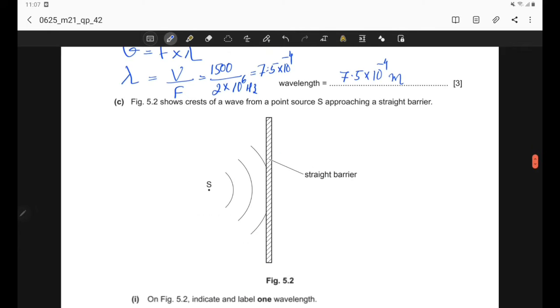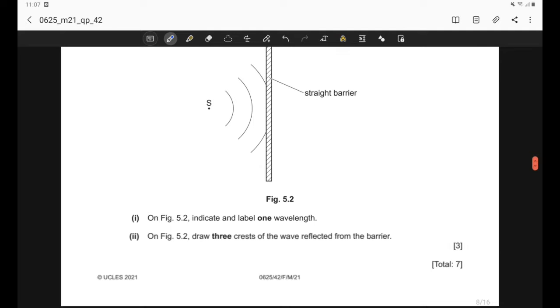Part C. Figure 5.2 shows crest of a wave from a point source S approaching a straight barrier. On figure 5.2, indicate and label one wavelength. So on figure 5.2, we have to label one wavelength.